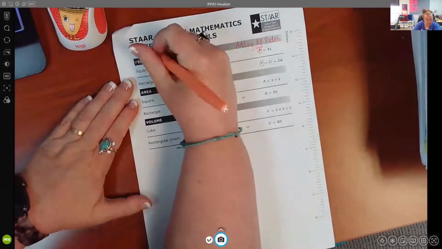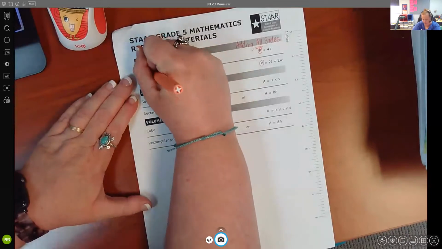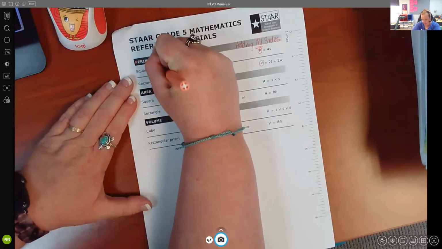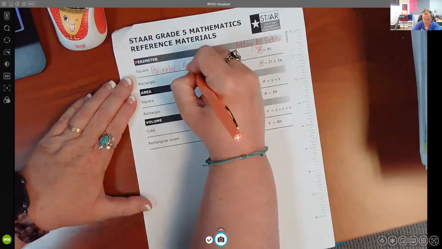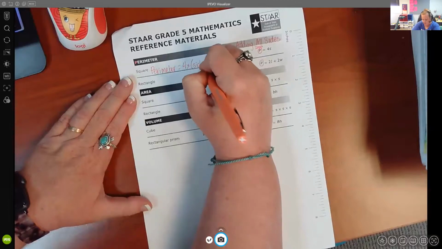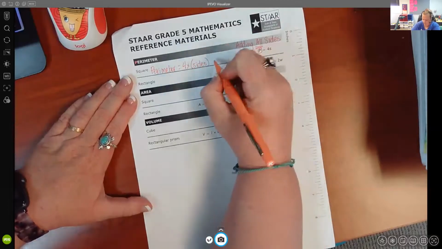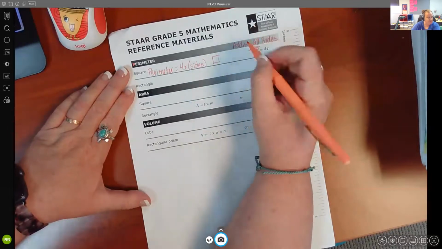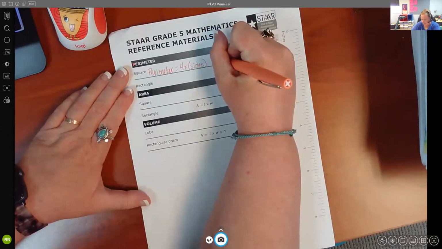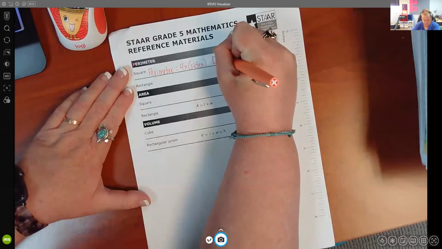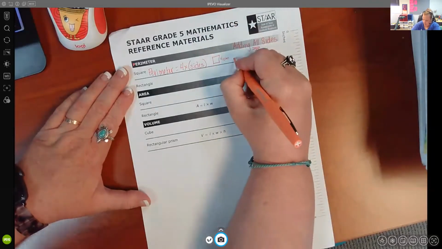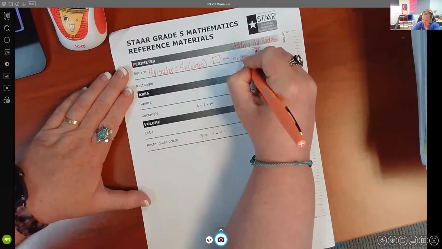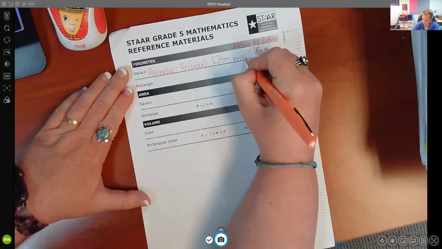All sides. Okay, so when we have a square, our perimeter equals 4 times the sides. So if I have a little square and it's 4 centimeters, I'm going to multiply. So P equals 4, since there's 4 sides, times 4.